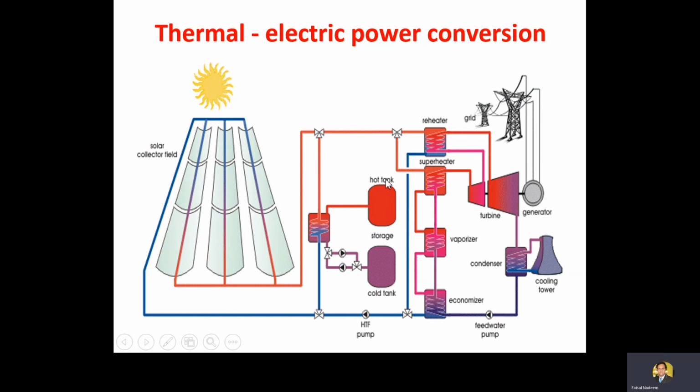We generally use hot tanks and cold tanks as the storage medium of the energy. And in these hot tanks, the molten salt grabs the energy, it is stored in this hot tank, and preserves the energy for different hours of the day.